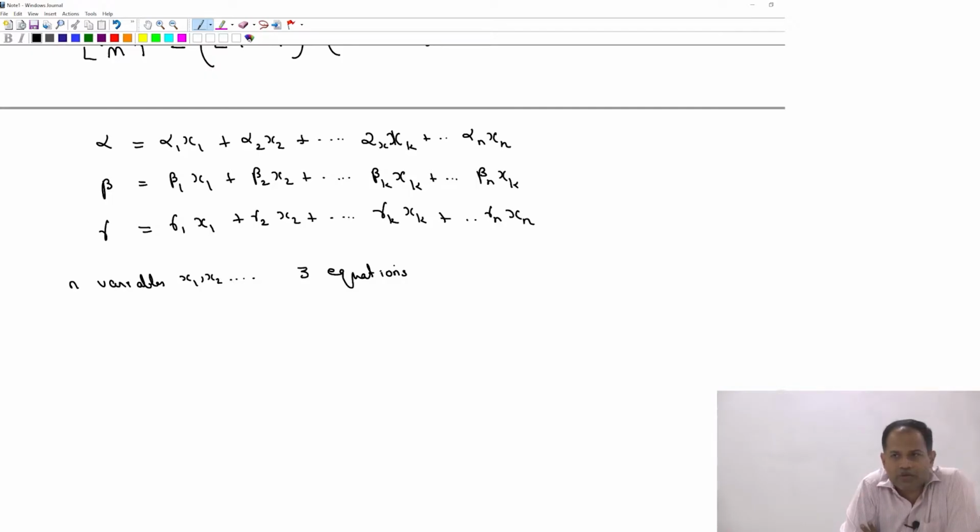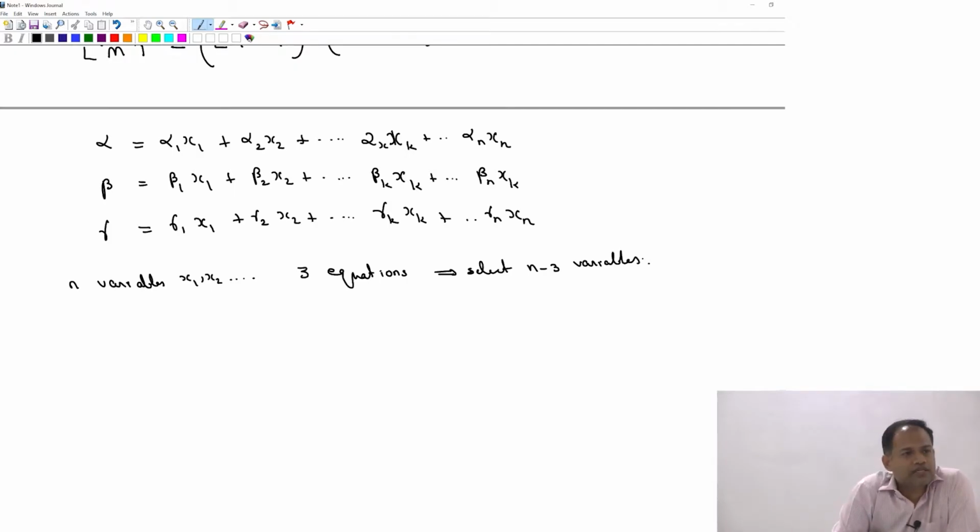I have got linear equations with n variables in them, but only 3 equations. So I can select n minus 3 variables and the rest of them basically get fixed, correct?